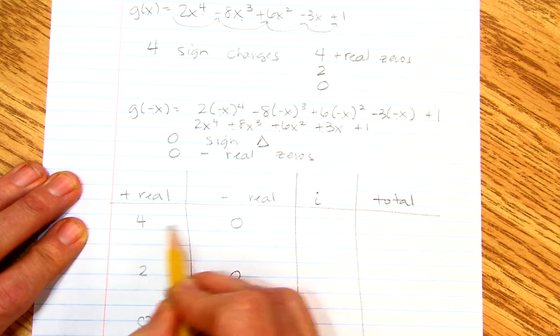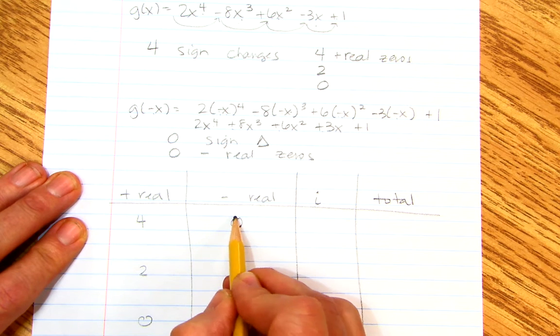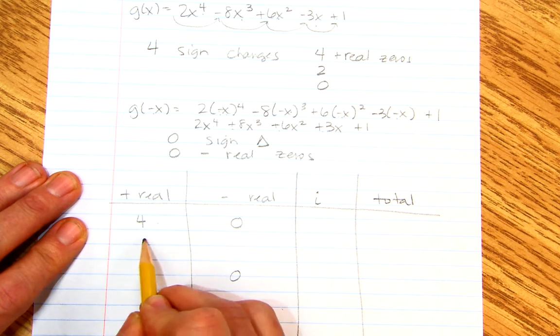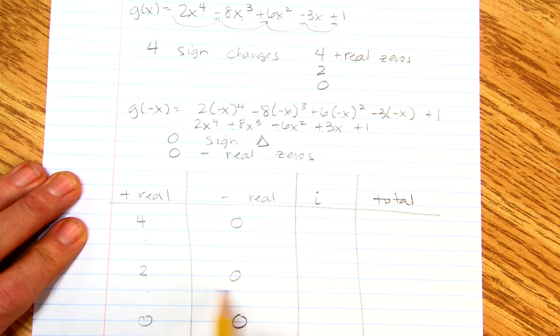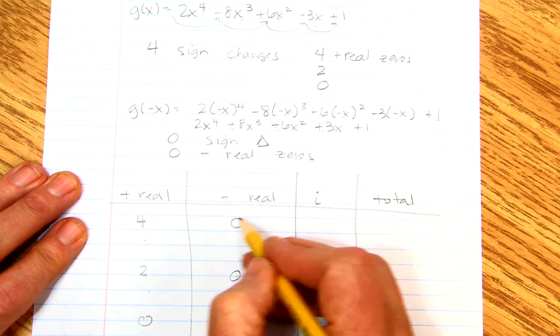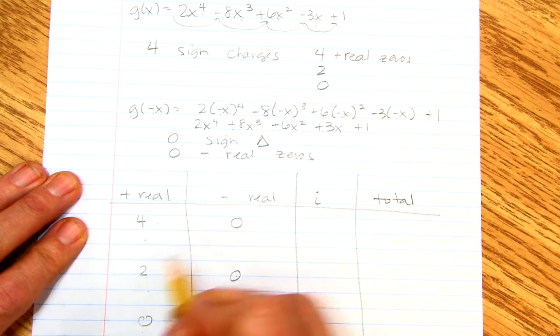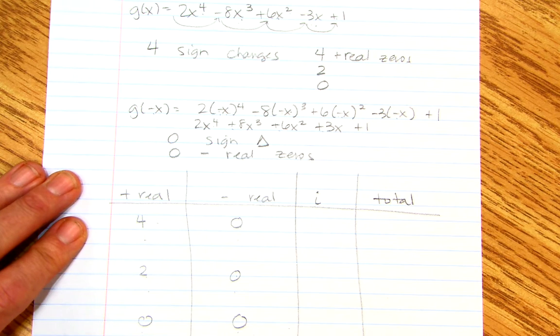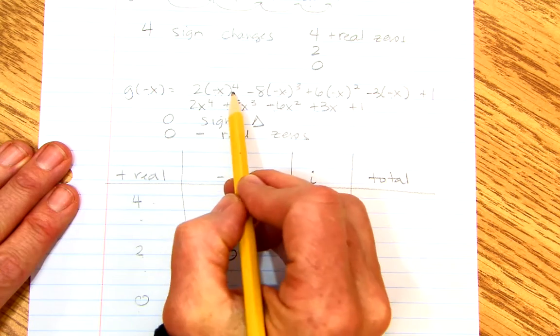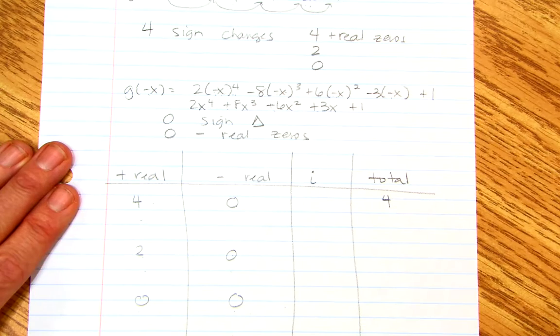Now if I had a couple options, say I had 3 or 1, I'd have 4 and 3, 4 and 1, 2 and 3, 2 and 1, 0 and 3, 0 and 1. So if there are multiple negative real zeros, you have to combine them with each of the positive real zeros. So how many total zeros should I be looking for? 4.